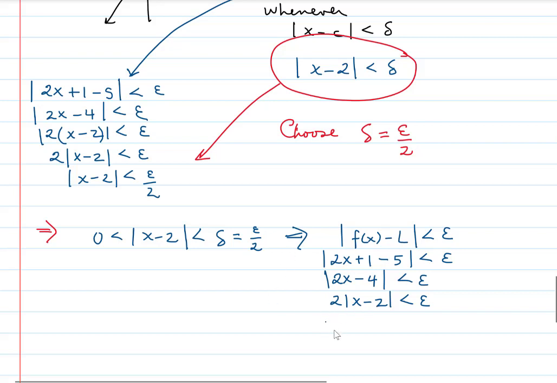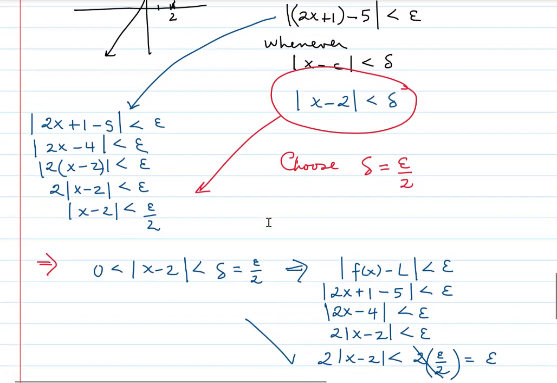So then this has to be less than 2 times delta itself. But delta, we said, is epsilon over 2, so 2 times delta is equal to just epsilon. So this shows that this, in fact, is less than epsilon.